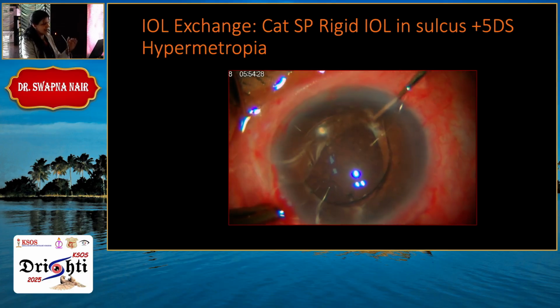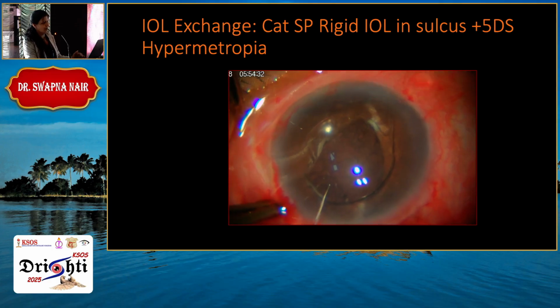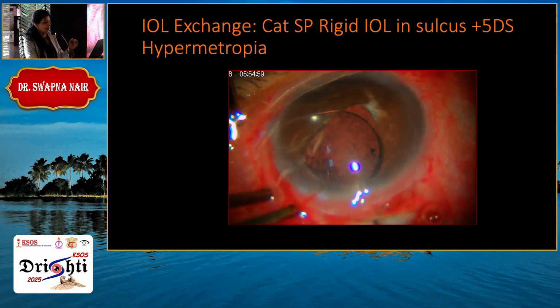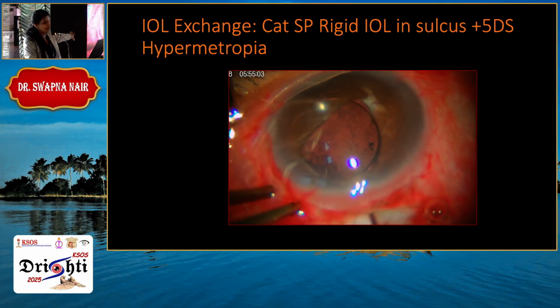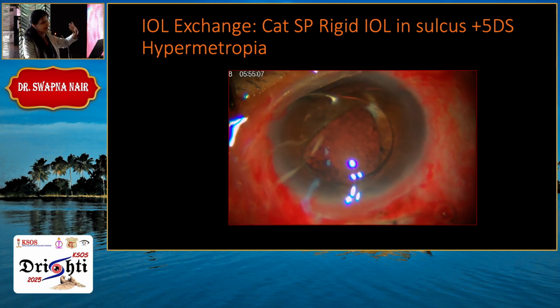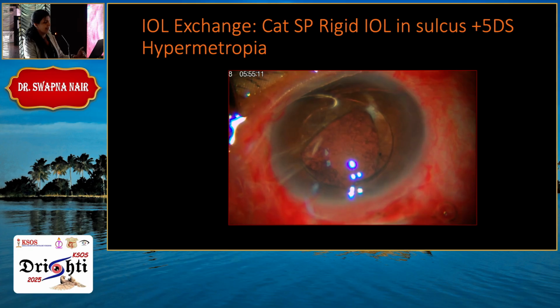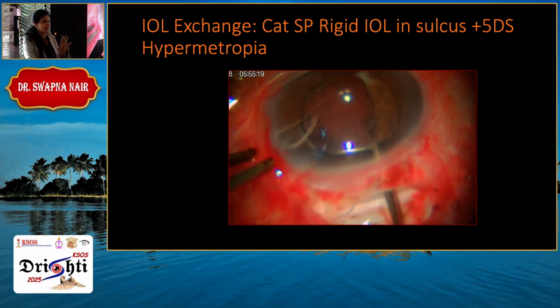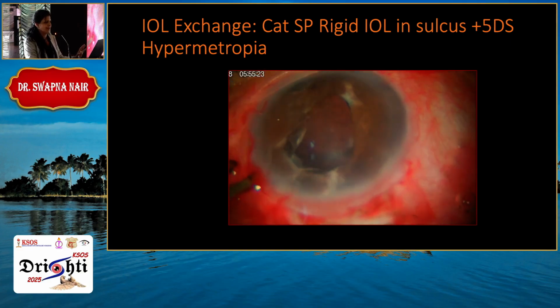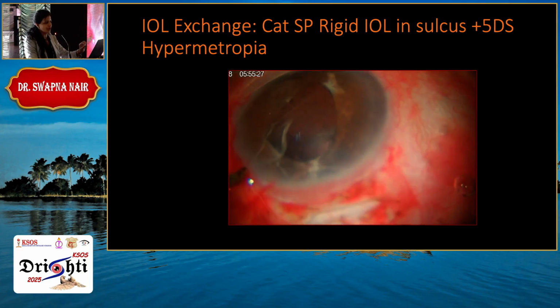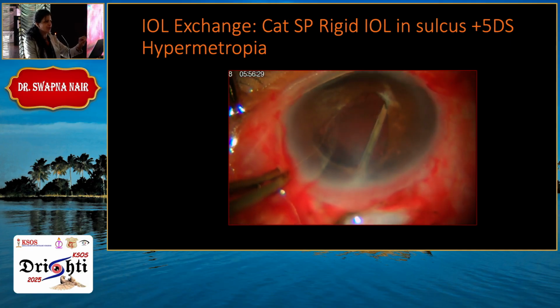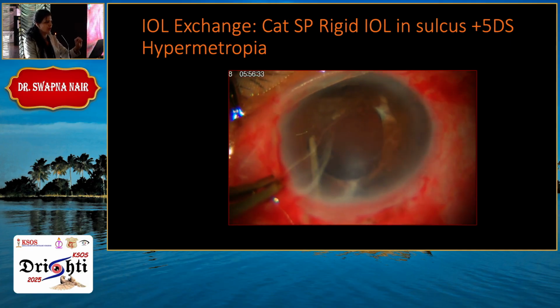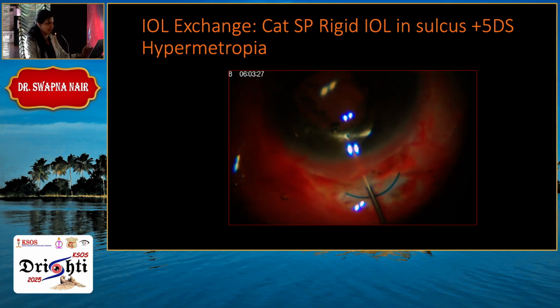So here, this is a patient in whom the surgery had not gone well, and there was an implantation of a rigid single piece lens in the sulcus, and that was producing constant uveitis and +5 diopter sphere of hypermetropia. So this is one procedure that I'll use for a hypermetropic error that is not very small, instead of doing a laser vision correction.